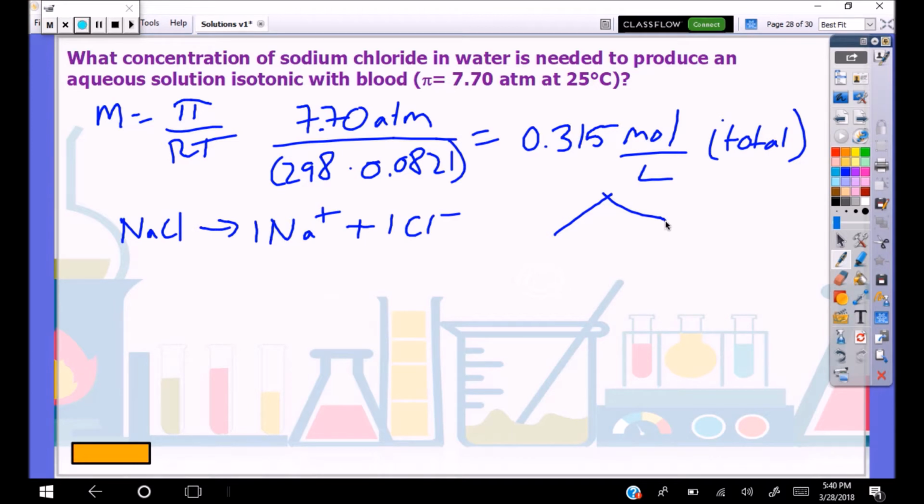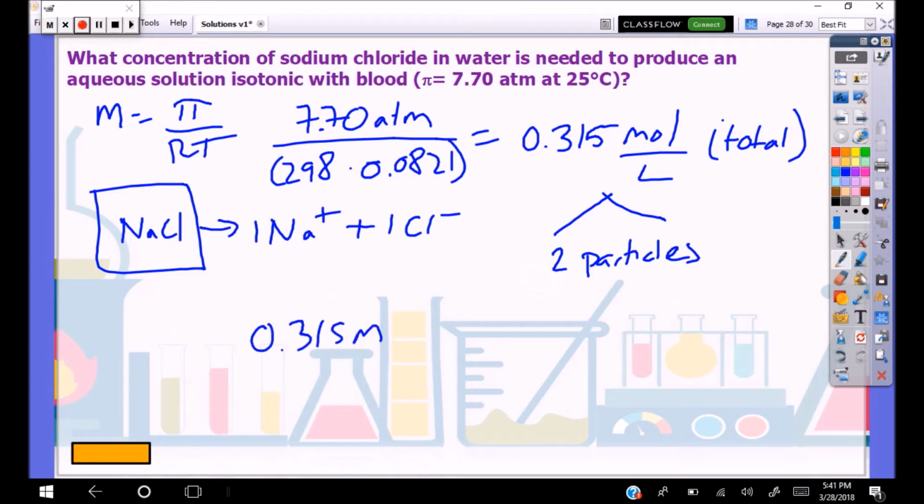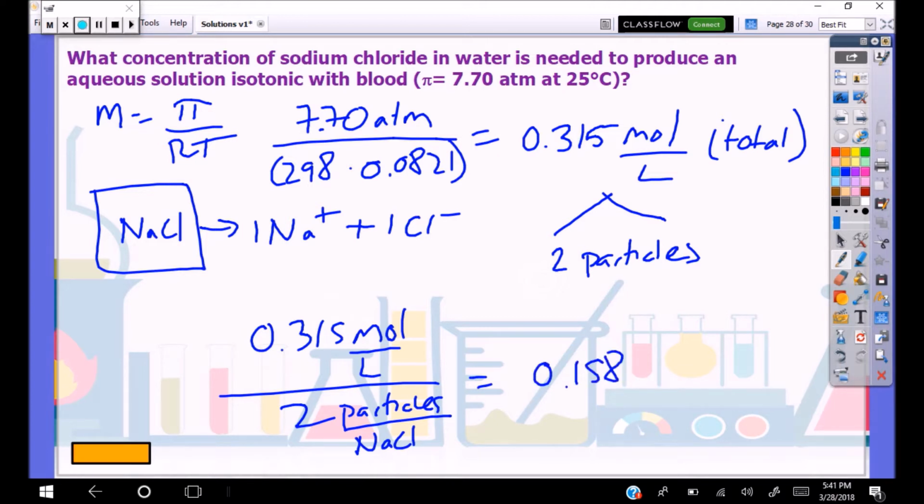In order to figure out the amount of sodium chloride before it's dissolved, we need to divide that amount, 0.315 moles per liter, by 2 particles per NaCl. 0.315 divided by 2 would be 0.158 molar as our concentration of NaCl.